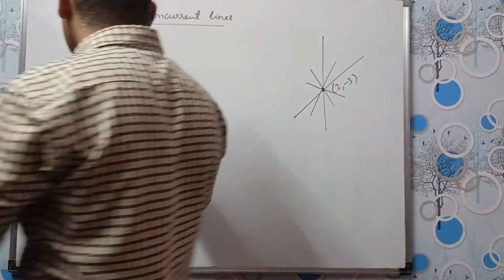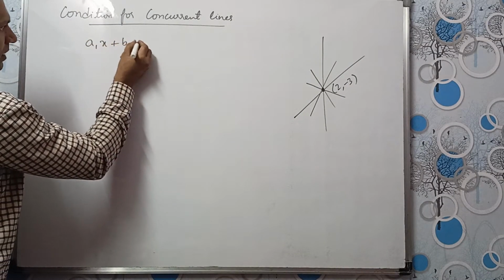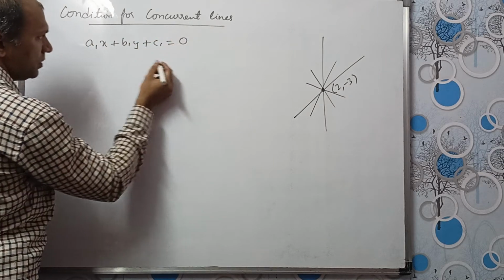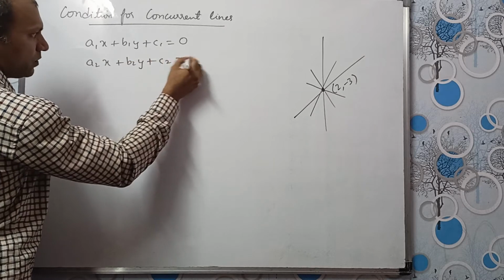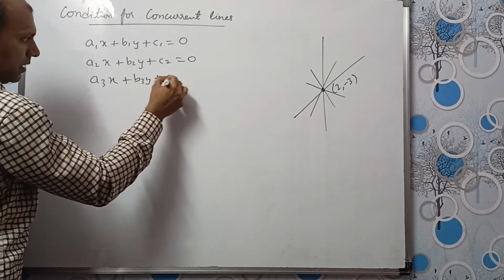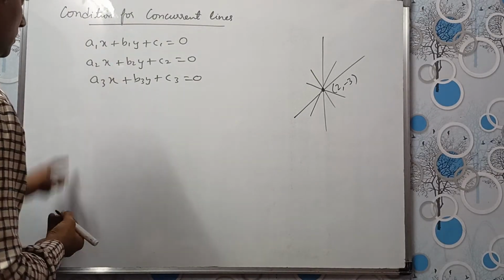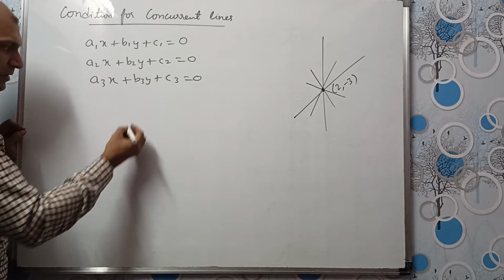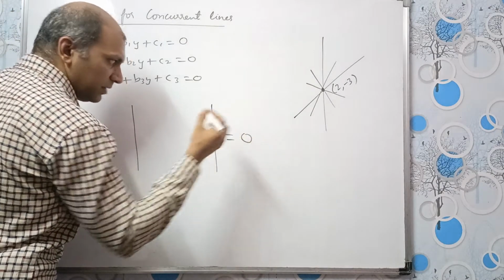Let us say we have three lines. Let us say the first line is a1x plus b1y plus c1 is equal to 0 and the second line is a2x plus b2y plus c2 is equal to 0 and the third line is this. Okay, now the condition is we need to find the determinant and it will be equal to 0.